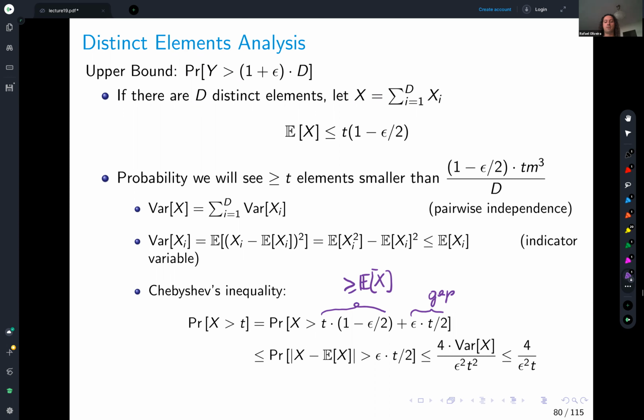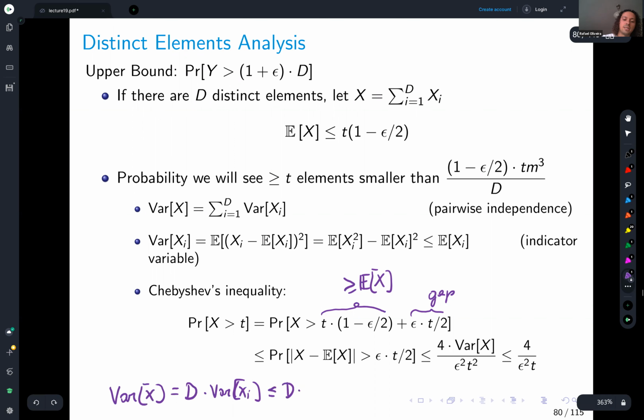But what is the variance of x? We know that the variance of x is equal to d times the variance of xi for any xi. And we saw that the variance of xi is less than or equal to the expected value of xi. So this is d times the expected value of xi.